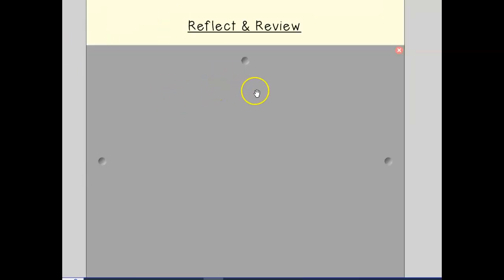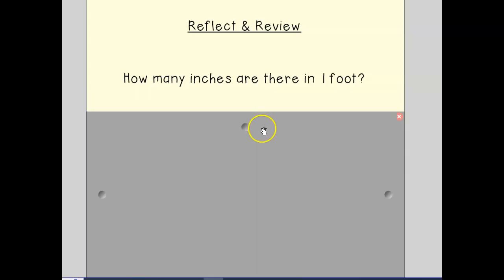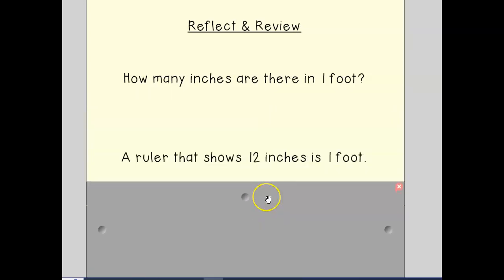So let's reflect and review, and let's think back to what we've learned in third grade. How many inches are there in 1 foot? Think about it for a second. Okay. There are approximately 12 inches in a foot. A ruler is 12 inches. A ruler is 1 foot long. So a ruler has 12 inches in it.